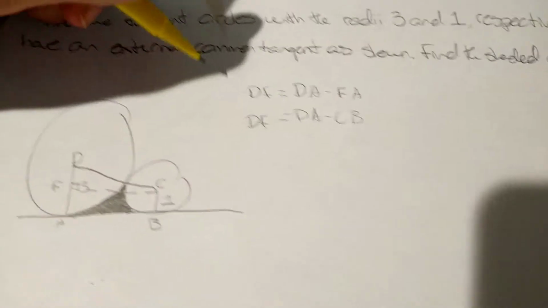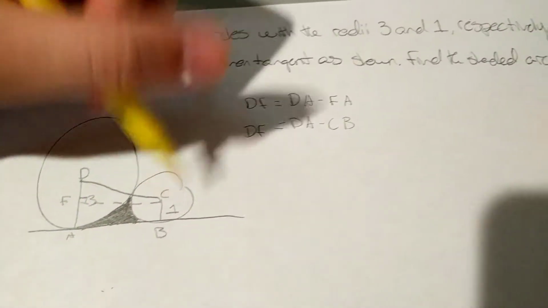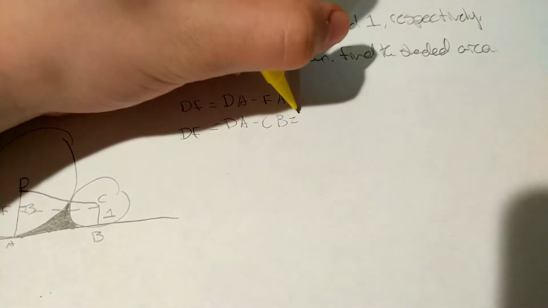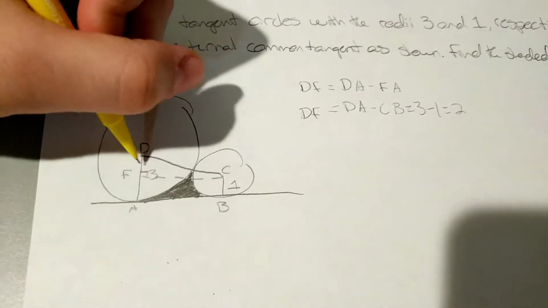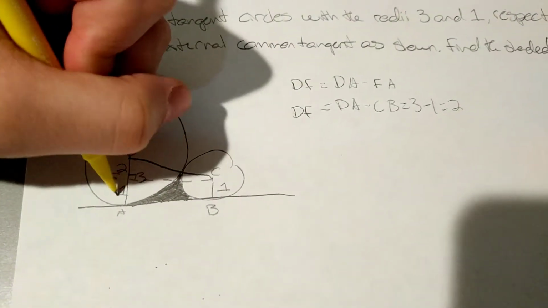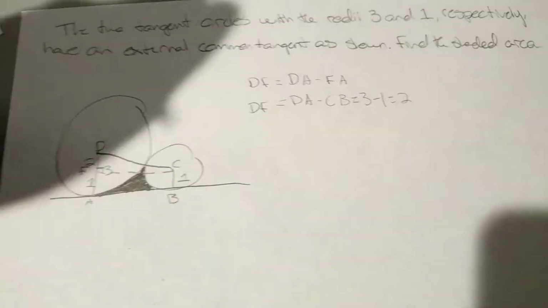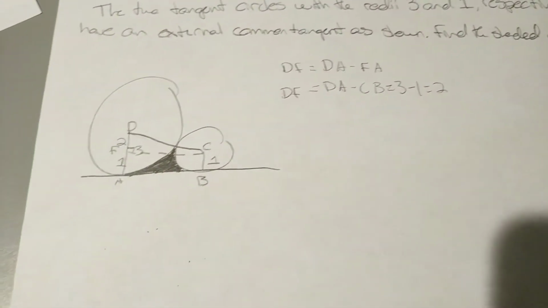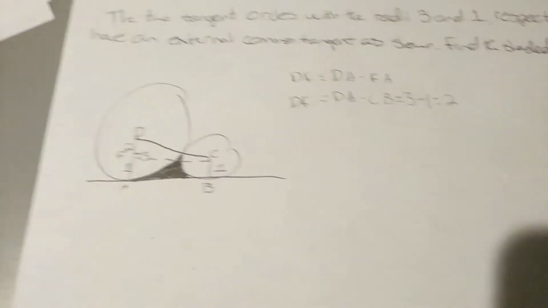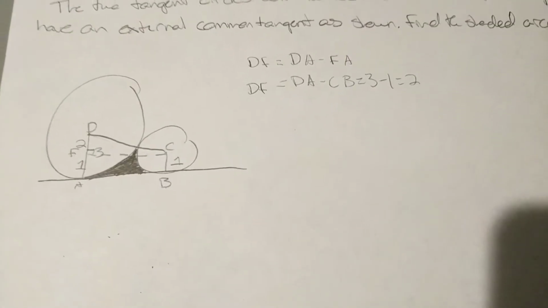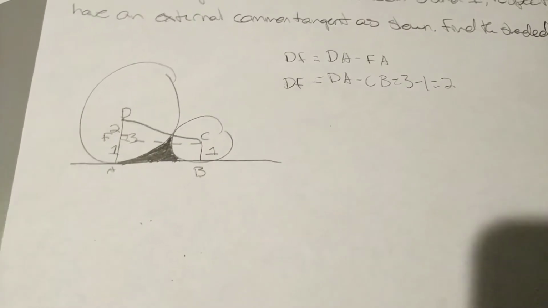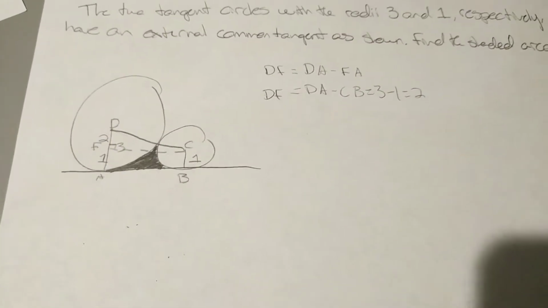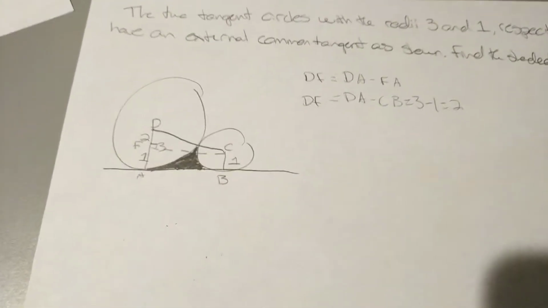The reason I put in these terms is because we know both of these lengths, which is 3 minus 1, so it is equal to 2. DF is equal to 2, making this one equal to 1, which we already knew from the problem. So its usefulness is debatable, but it's a cool proof to make sure that none of your information is wrong.